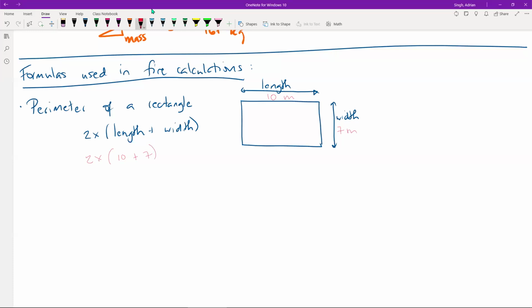And again, this is a mathematical operation, involving in this case two operations that we're doing. I'm going to do the parentheses first. So 2 times 17, and that would give 34. And then our unit here, because again, these are the measuring dimensions, M. We haven't talked about units a whole lot.